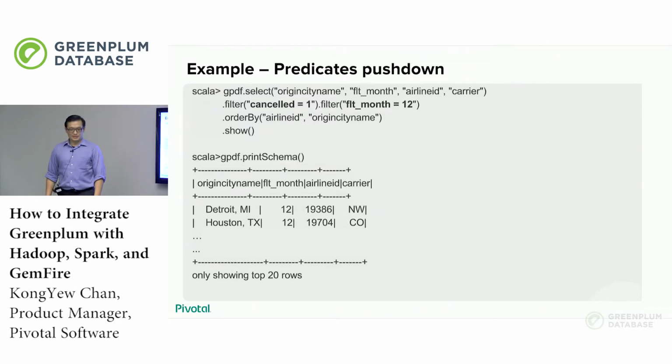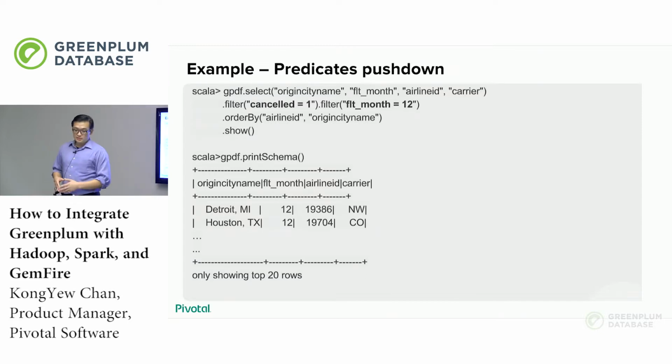So keep going. Yep. So previously I mentioned that you have a way to filter the columns to limit the set of data. Column is one way of filtering. The next feature that you want is predicate pushdown. You want to filter the rows that you're interested in, but you want to filter the rows on the Greenplum side. You don't want to filter it on Spark, because once you filter it on Greenplum's cluster, it limits the data that's being transferred from Greenplum to Spark.